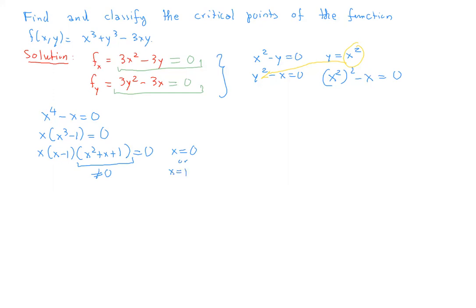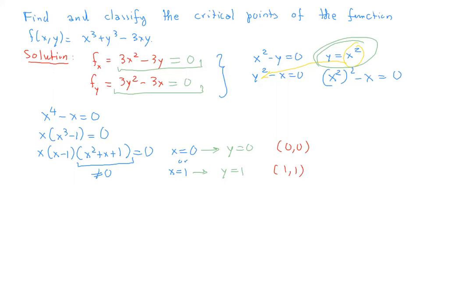And now we just go back to our equation that gives us the relation between y and x. If x is 0, then automatically y is 0, and if x is 1, then y is 1, which means that we have two critical points, (0, 0) and (1, 1). These are all the critical points of this function.